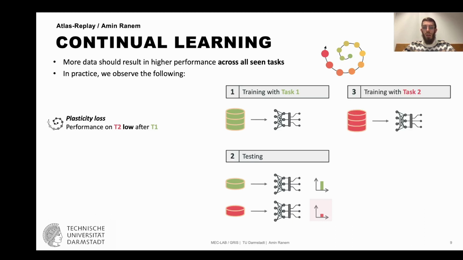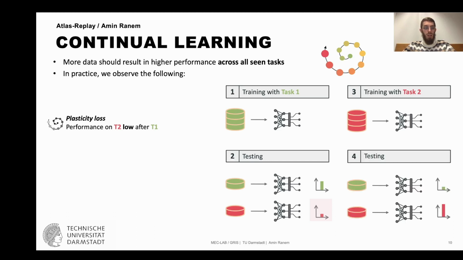Now we can say, okay, we train on this second new data set and redo the testing. What we see there is that the performance on the new data set is indeed increased. However, the performance on the previous, in this case green, data set is reduced, which is known as catastrophic forgetting.